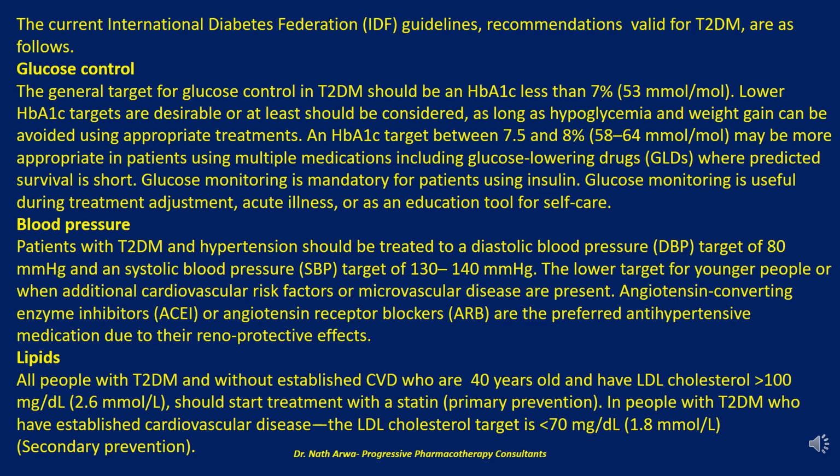Regarding blood pressure, patients with type 2 diabetes mellitus and hypertension should be treated to a diastolic blood pressure, abbreviated as DBP, target of 80 mm of mercury, and a systolic blood pressure, abbreviated as SBP, target of 130 to 140 mm of mercury.